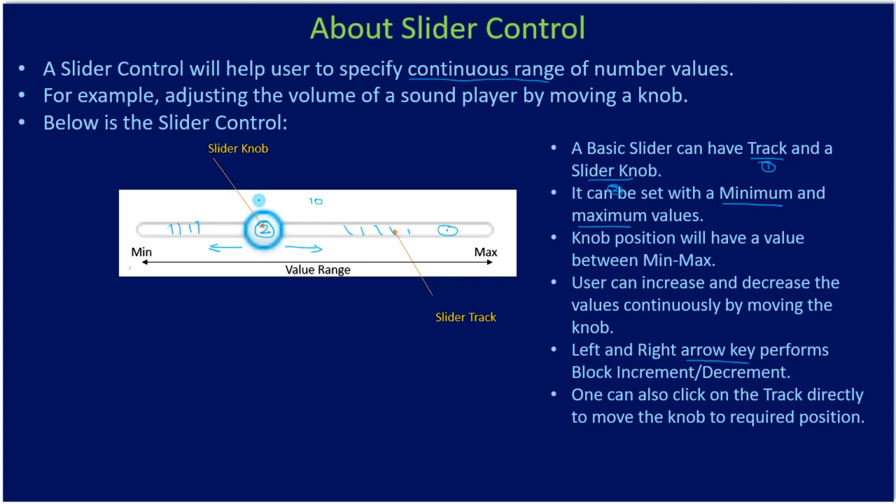So for example, at this location, if value is 10, and when you click here, the slider will be positioned at this location, and you will immediately see the value 70. If minimum is 0, maximum is 100, then approximately this location will produce a value of 70. That means value changes from 30 to 70 based on the track location, so based on where you click on the track, the value will get increased abruptly.